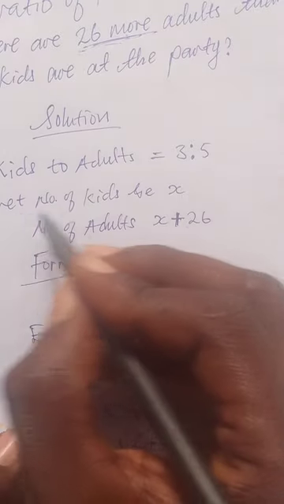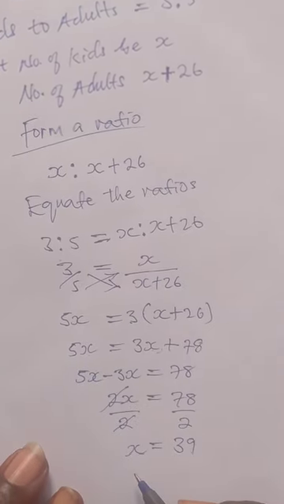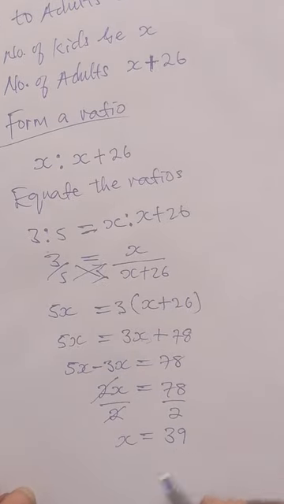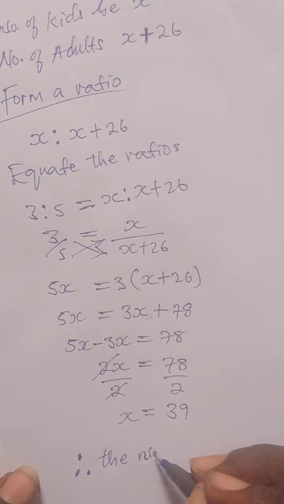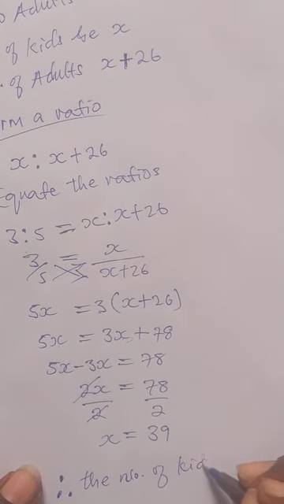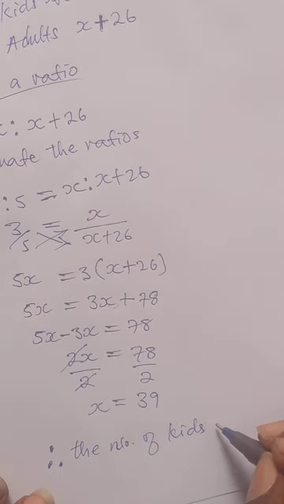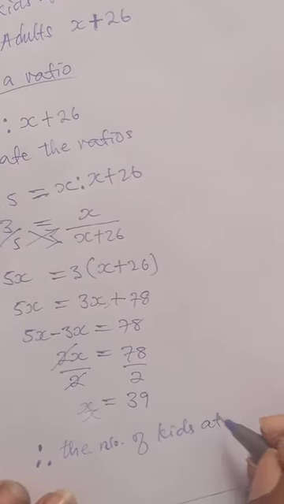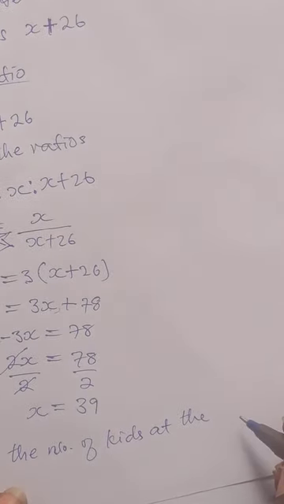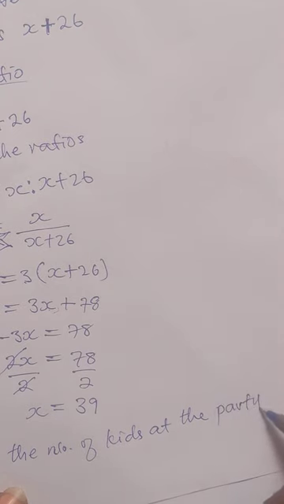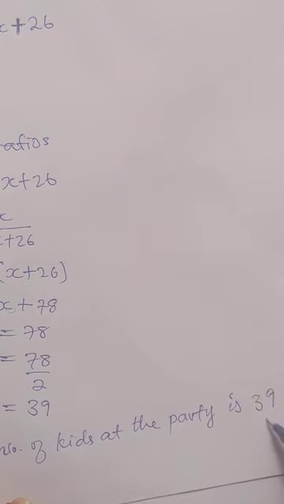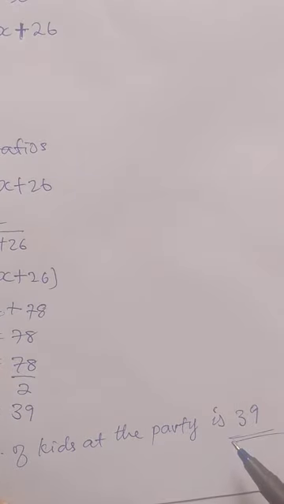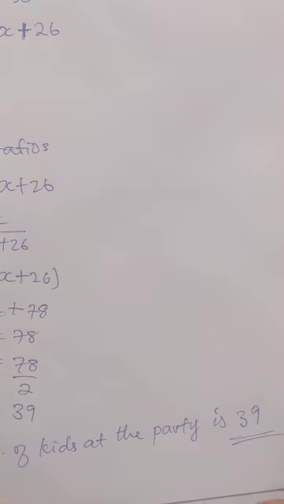So since we have represented x to be the number of kids, and now that we have x to be 39, we say therefore the number of kids at the party is 39. Okay, so the number of kids at the party is 39.